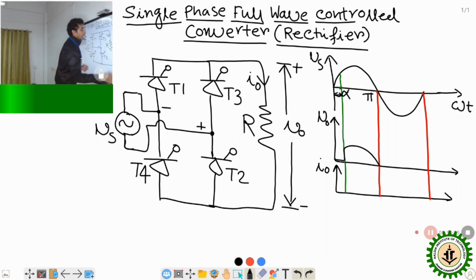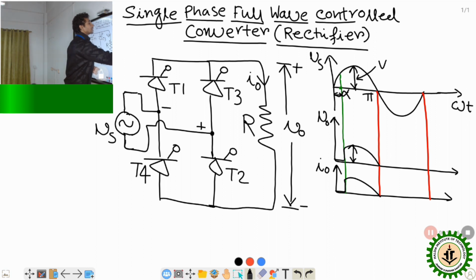So what will be the current from this alpha to pi duration? A resistive load is considered. So the current waveform will be similar to the voltage waveform, just one difference. The peak of the output voltage will be the same as the peak of the supply voltage. That is, at 90 degrees, it will be Vm.